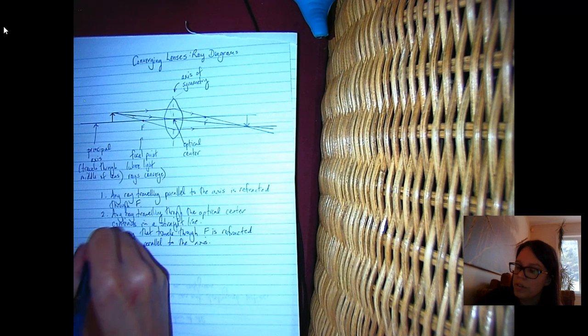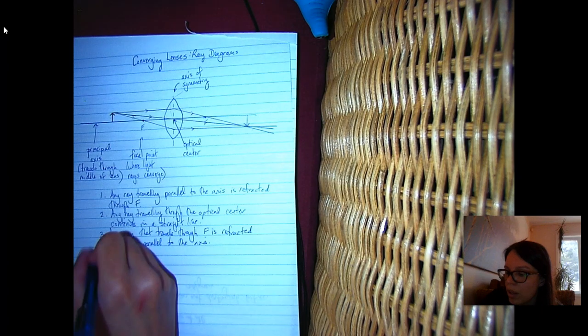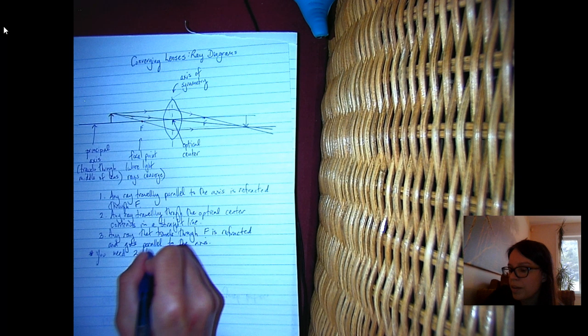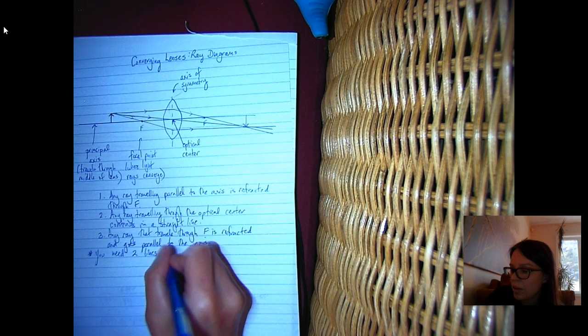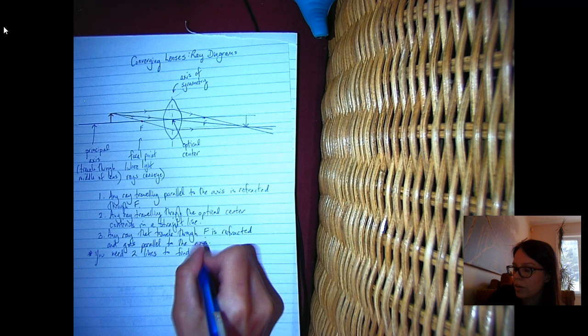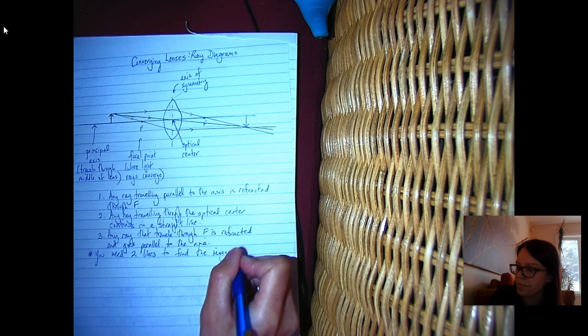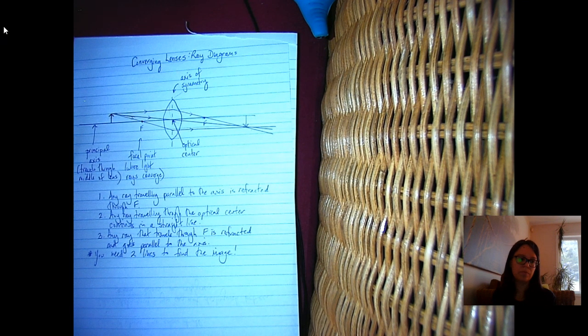And then I'm going to put a star here. You need 2 lines to find the image. Okay. All right. So that's the basics of it.